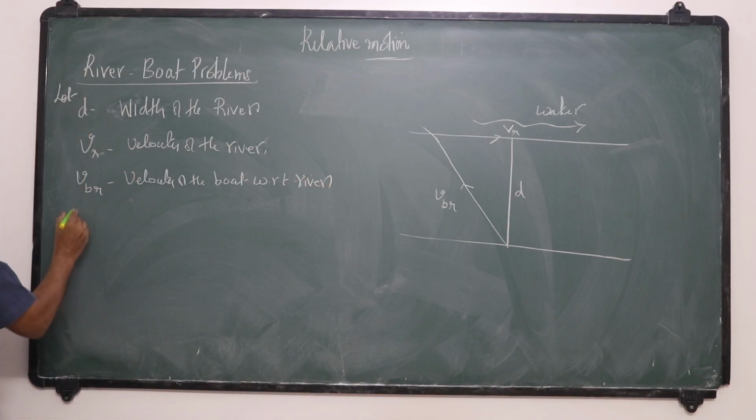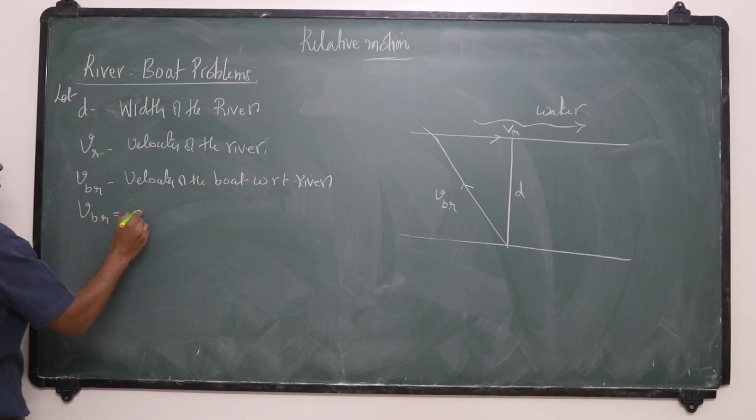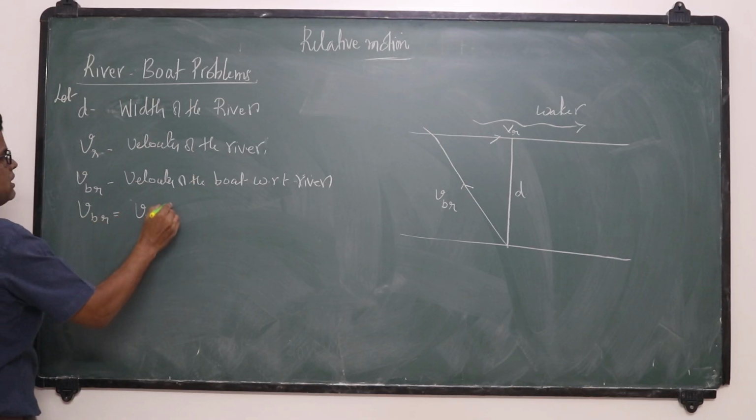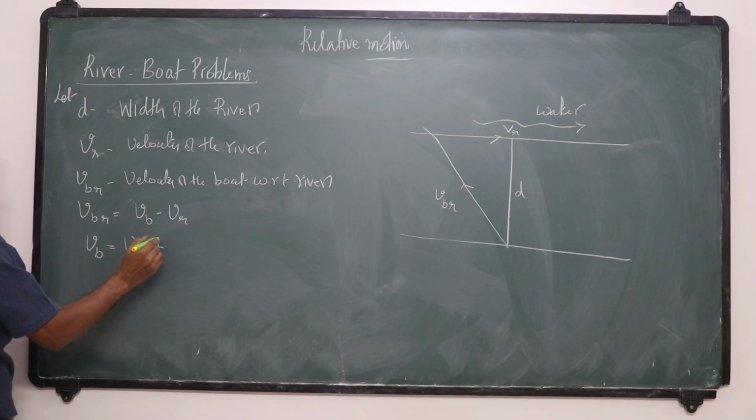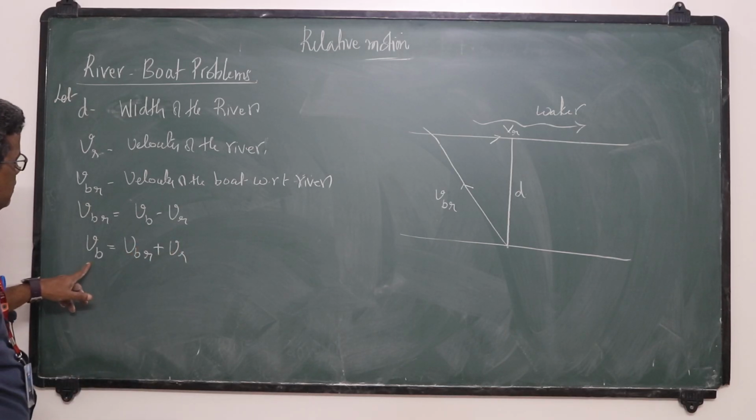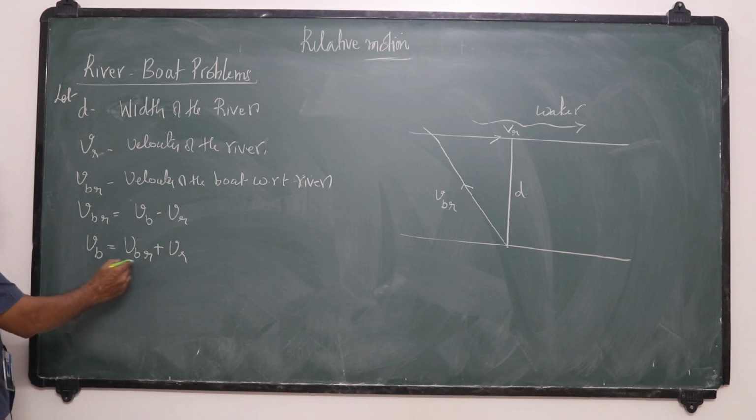So, this VBR, we write it as VBR is equal to velocity of boat minus velocity of river. So, the velocity of the boat is VBR plus VR. The absolute velocity of the boat is VBR plus VR.